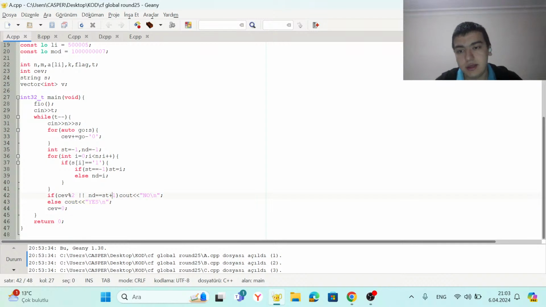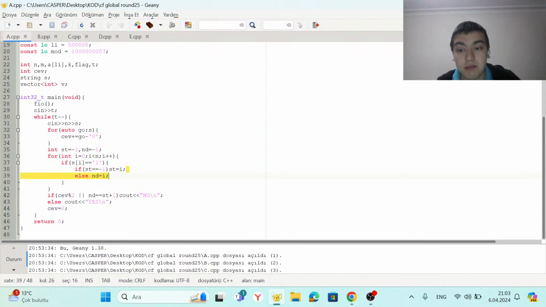Here I didn't write if the count equals 2, because I'm finding it like this: if st is equal to minus 1, I'm making st equal to i. Otherwise, I'm making nd equal to i.